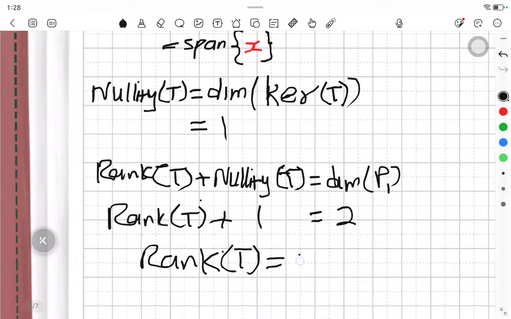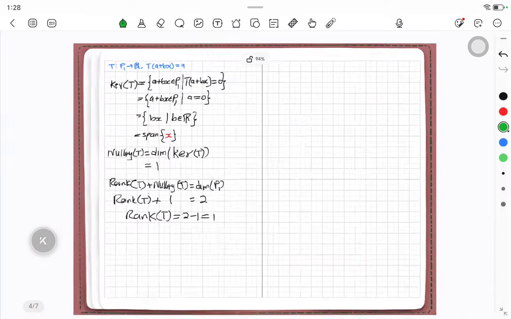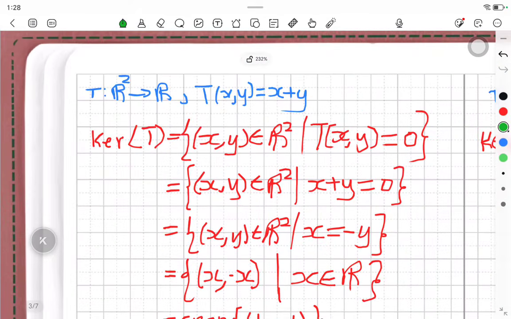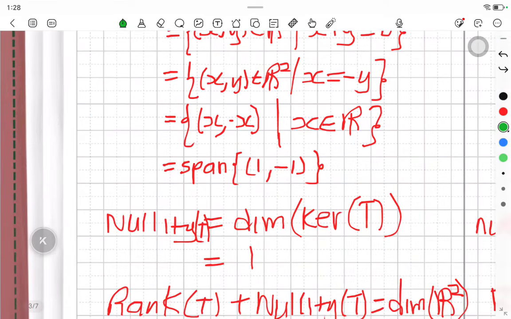Now, let's go back and confirm our rank. Here we say that it's going to be 2 minus 1, which is 1. Let's use a different pen to confirm our rank. There's a condition that says that the image of this will be equal to the codomain.